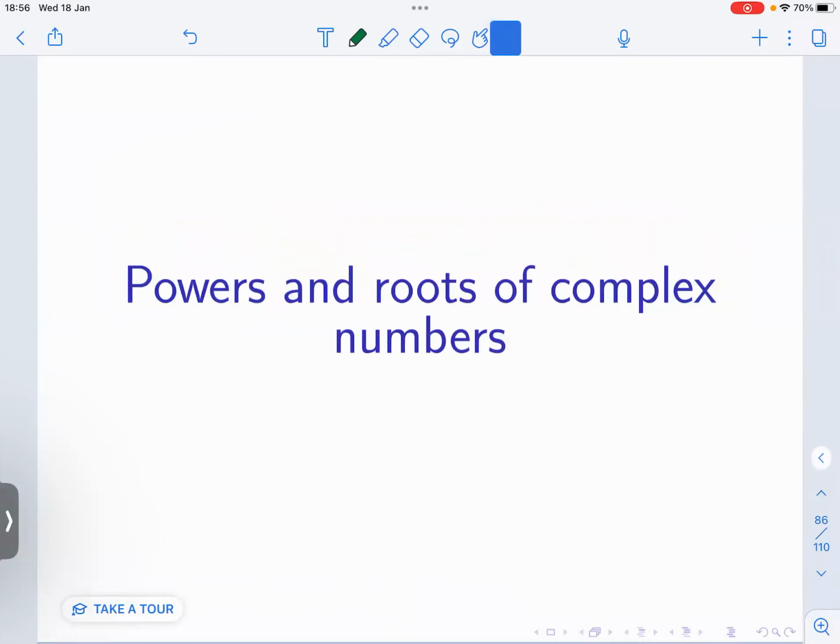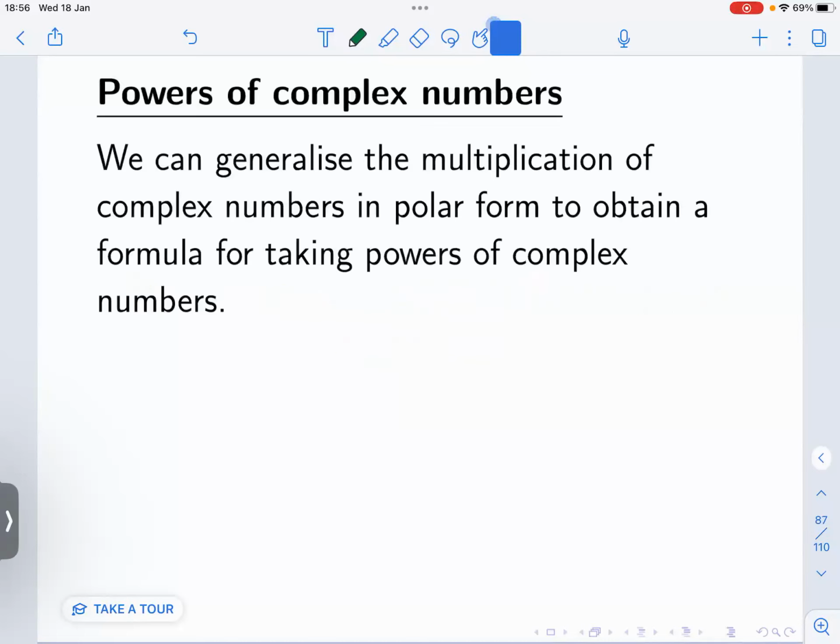And then next we'll get into the last part, which deals with powers and roots. Let us assume that we are given some complex number z equal to a plus bi, and we want to find z to the power n.